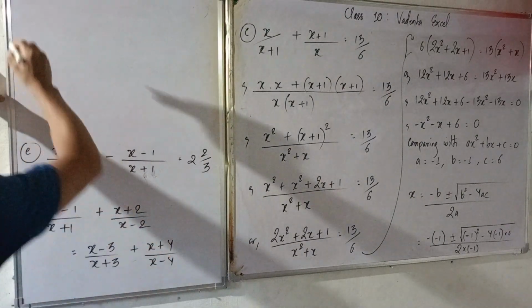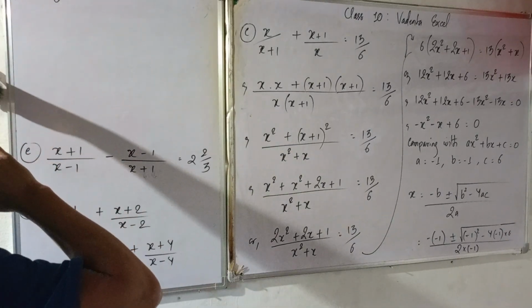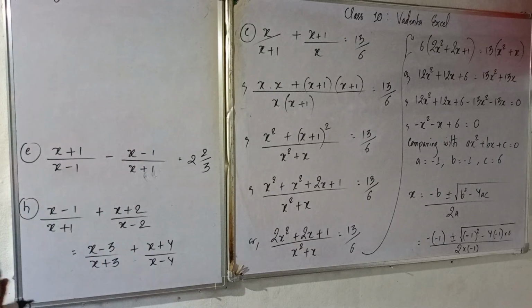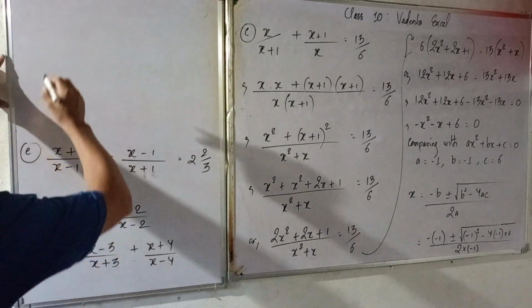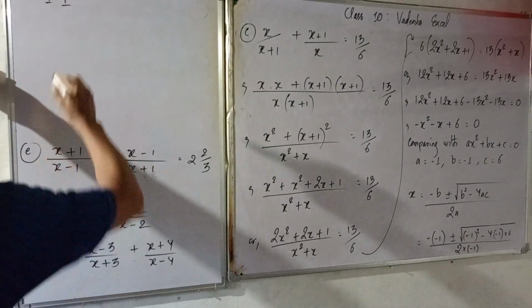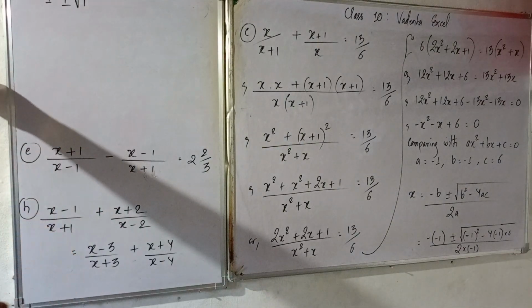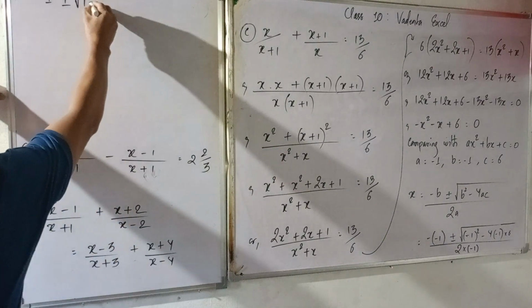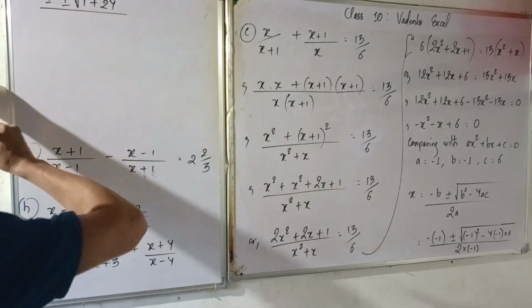Now on further simplification, you'll get minus 6. Not minus 6, look at that. Minus, minus, plus 1 plus minus under root 1 plus 4 times 6, 24, plus 24, or you can directly use a calculator.